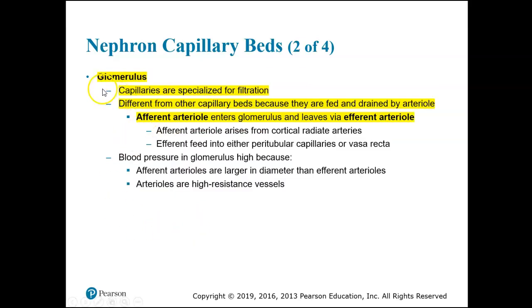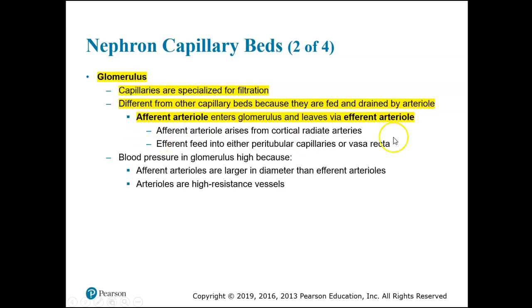All right, for the glomerulus, the capillaries are specialized for filtration. As far as the arterioles that serve the renal corpuscle, the one that enters the glomerulus is called the afferent arteriole, and the one that leaves is called the efferent arteriole.